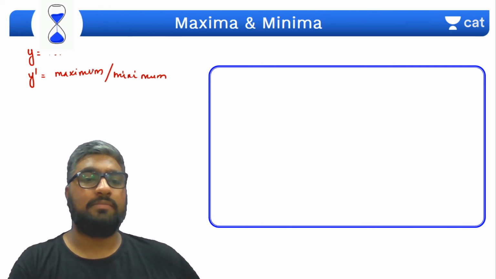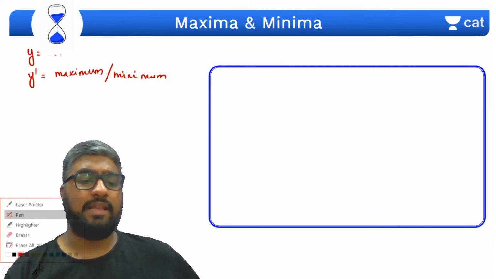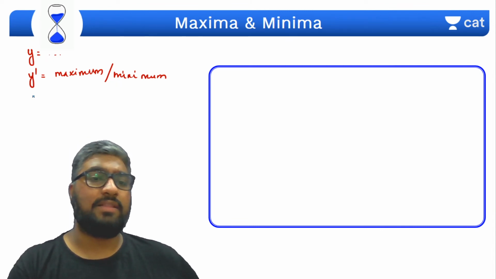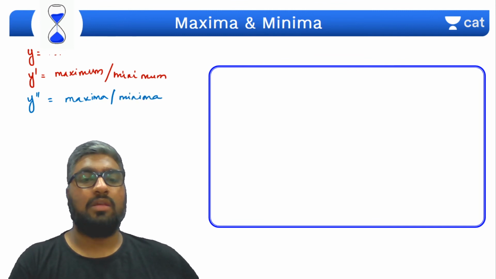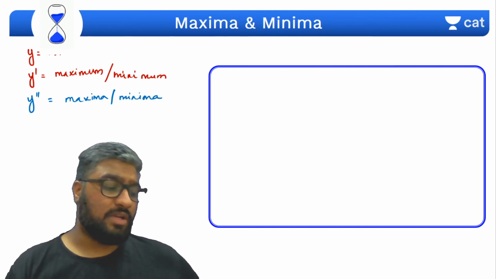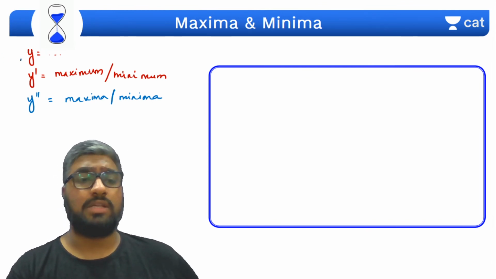Now if I derive it the second time, I would end up getting what? The maxima value or the minimum. Got it? So if you are someone who's comfortable with derivation, then I would suggest you stick to this.